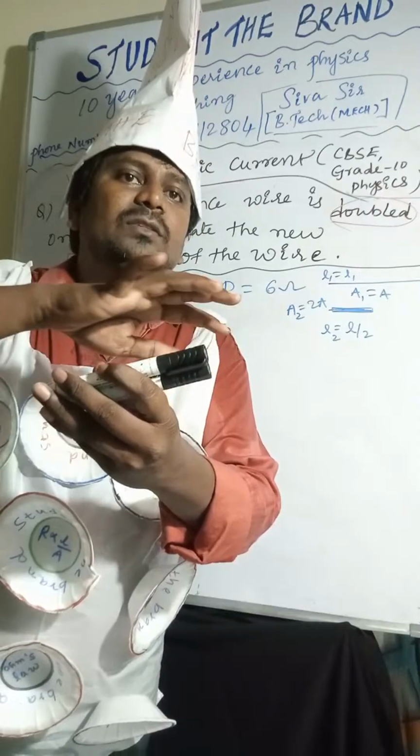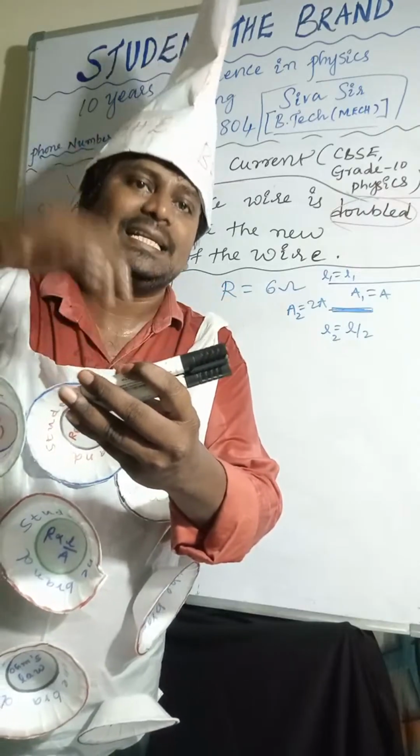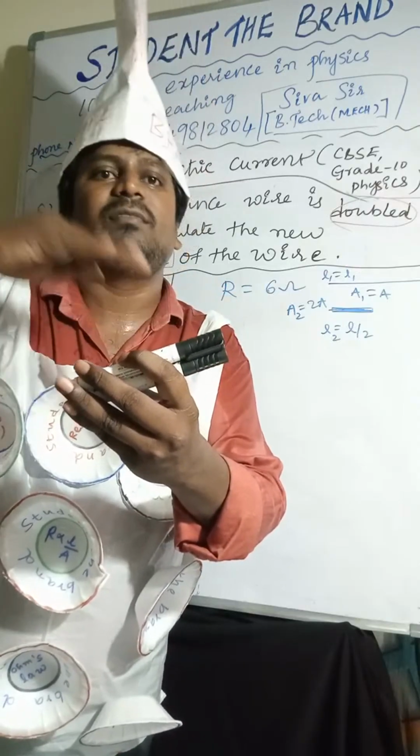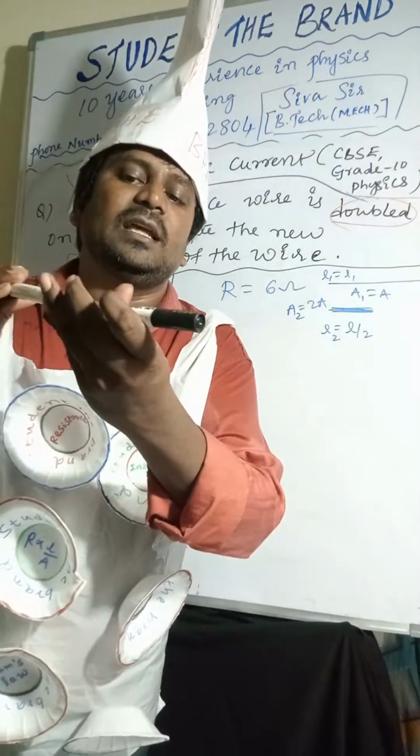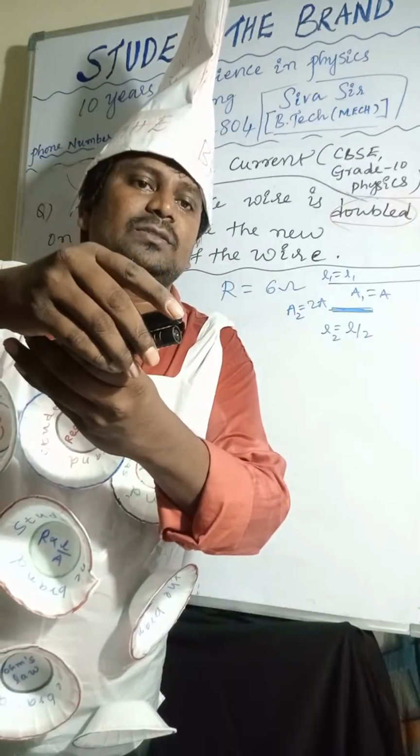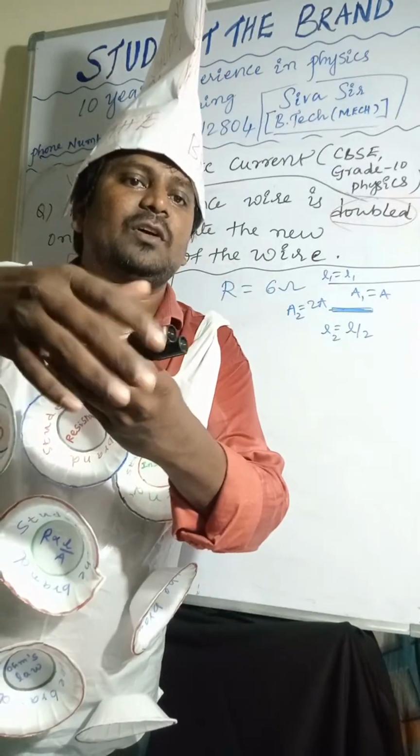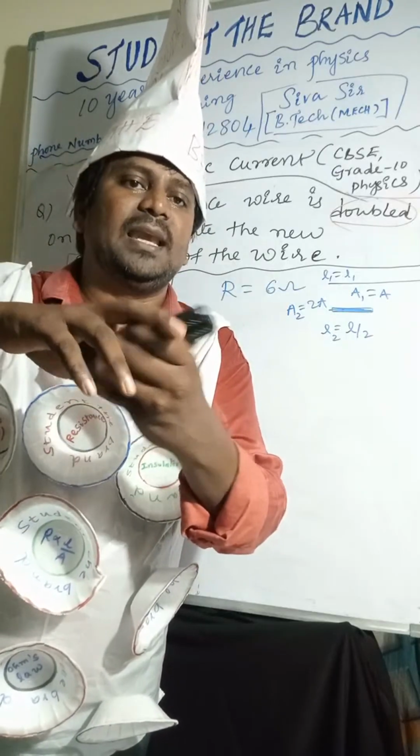So resistance will be less and the flow of current will be more, because initially this is one area of the cross section, and later it will be added like this. So when the area of the cross section increases, resistance will be less.